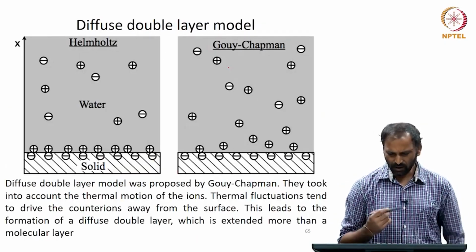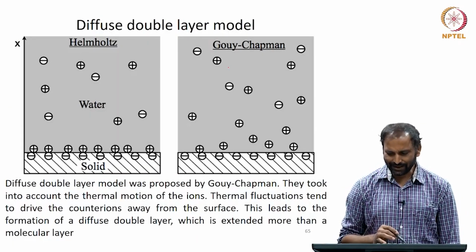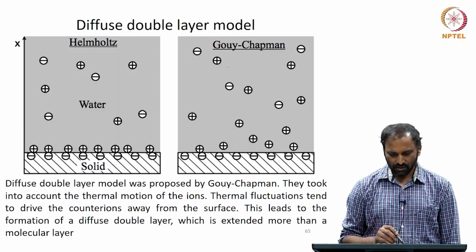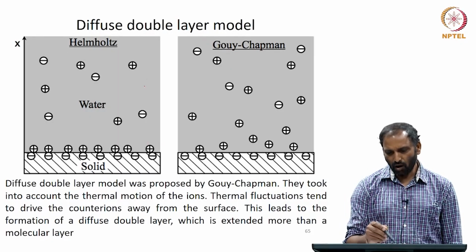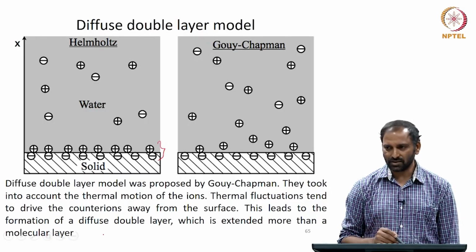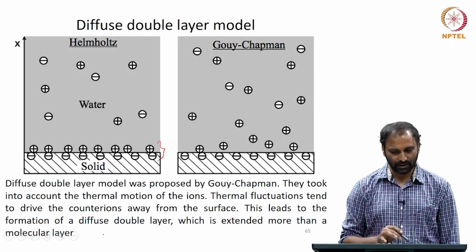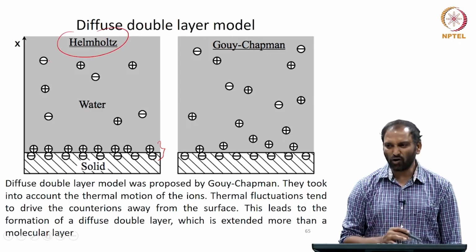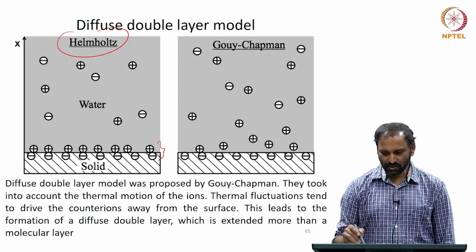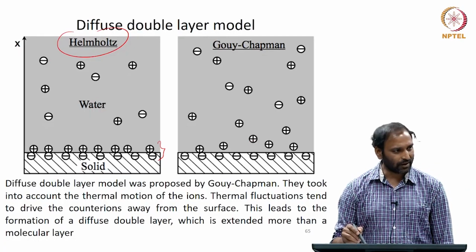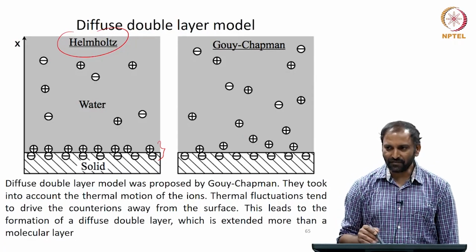model, but the more realistic picture is that such a strong binding, as assumed in the Helmholtz model, is actually not completely true. That is because the counter ions in solution are also free to move around.